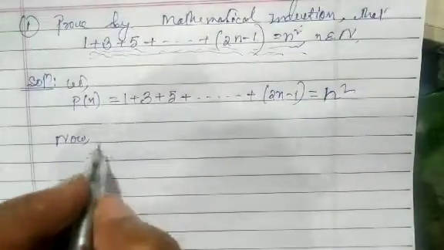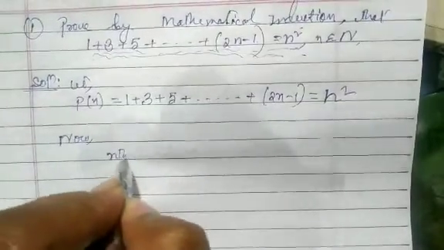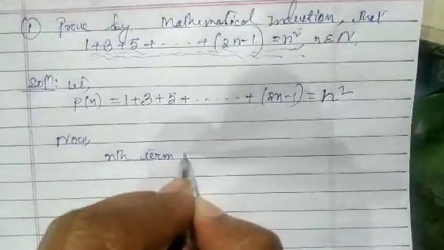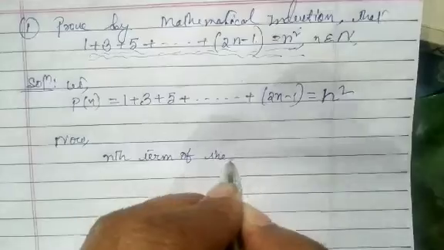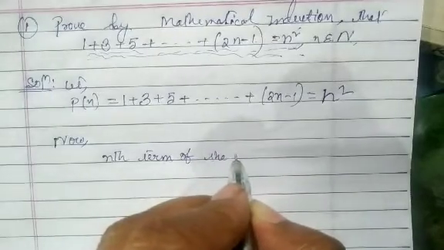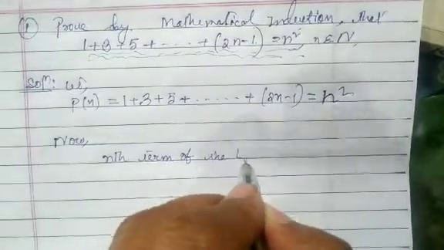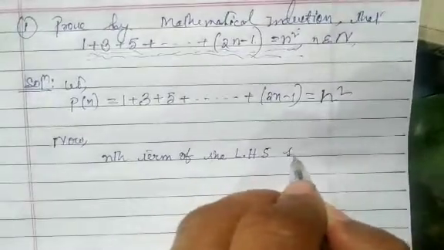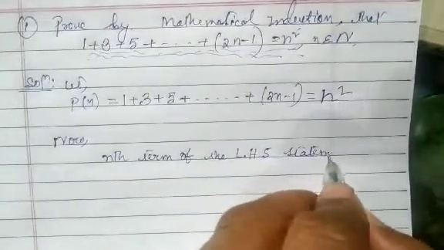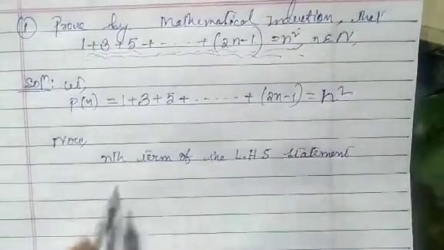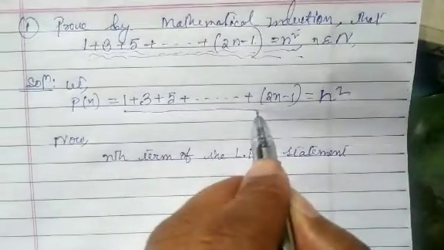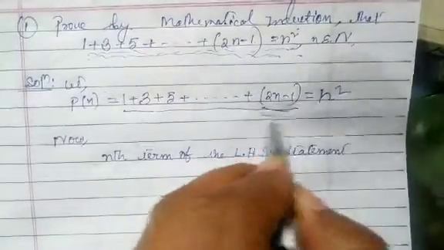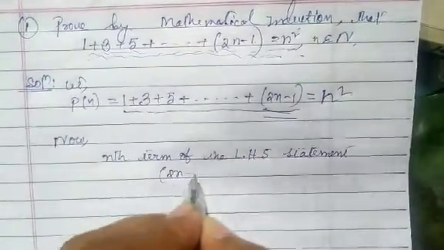Now, the nth term of the left hand side of the statement. This, from here to there, is called the left hand side of the statement. So the nth term will be this one: 2n minus 1.